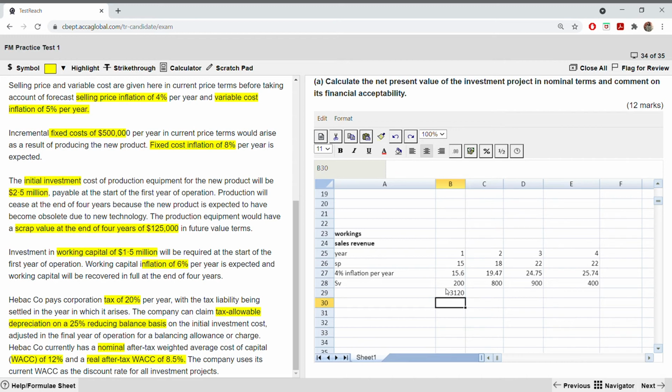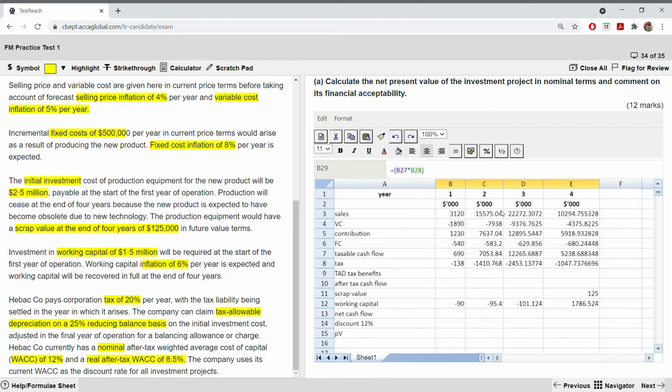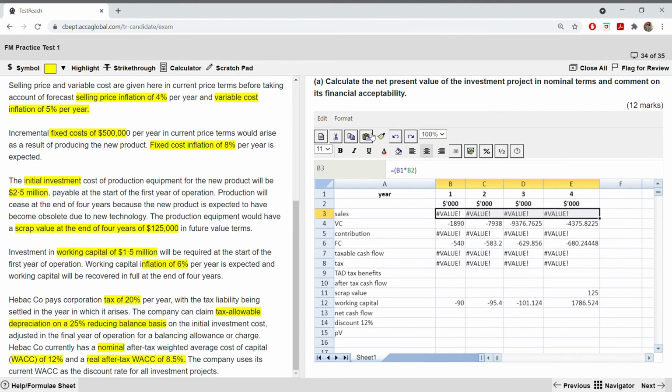Now you are going to copy paste it. This is much faster. So you just put this number, copy to the cells, paste. It will show value.